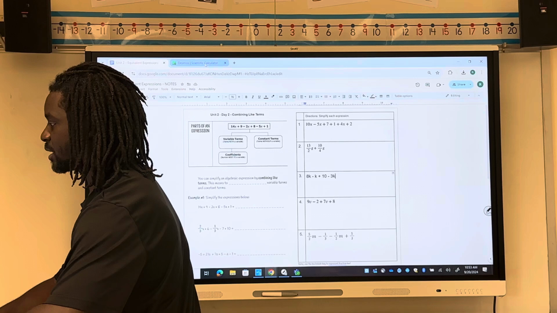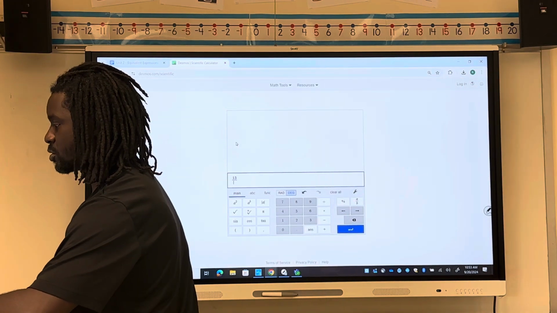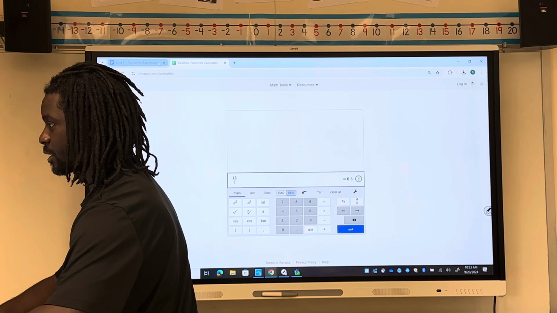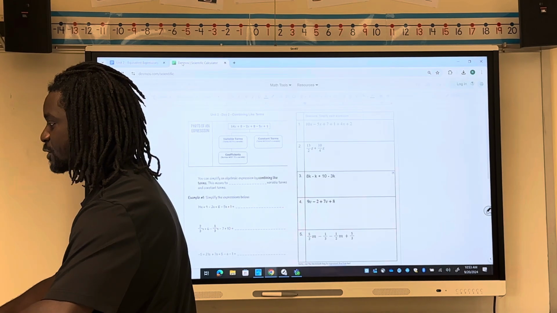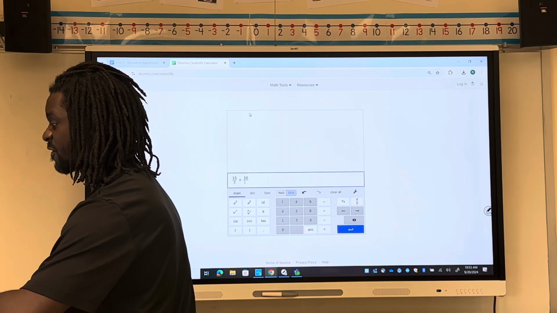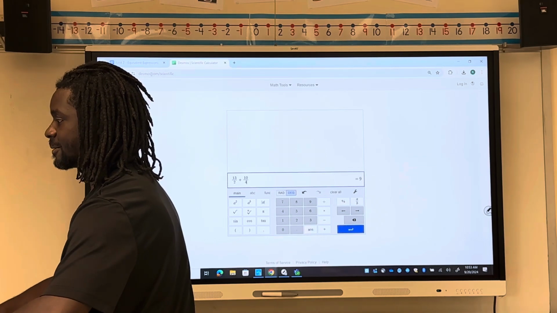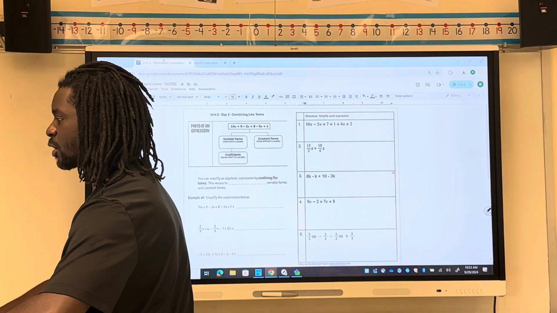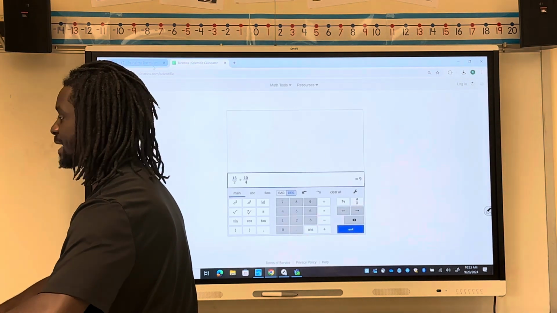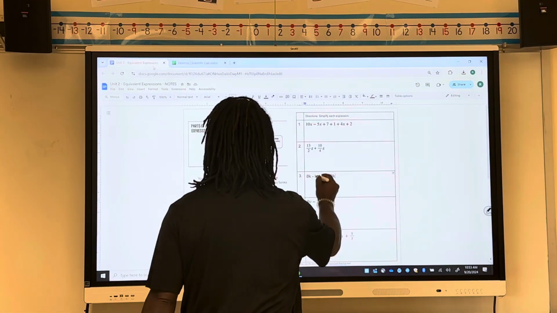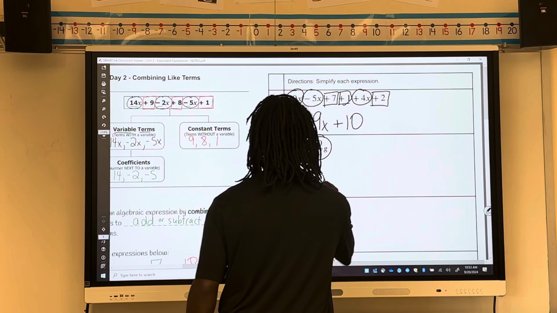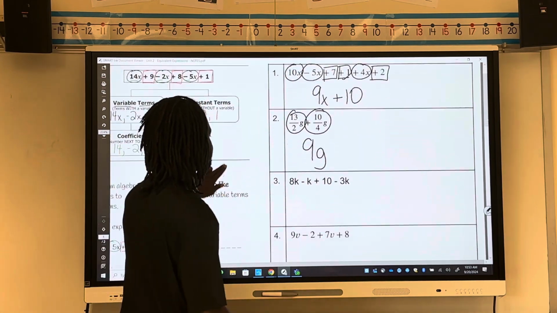So 13 over 2, I could have done it without the calculator, but I want you to see how to do it in the event that I don't. So 13 over 2 plus 10 over 4, and that gives me 9, okay? So 9g is when I combine those, all right?